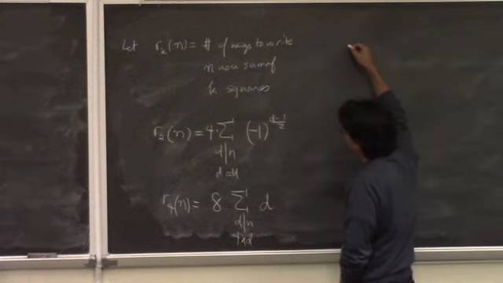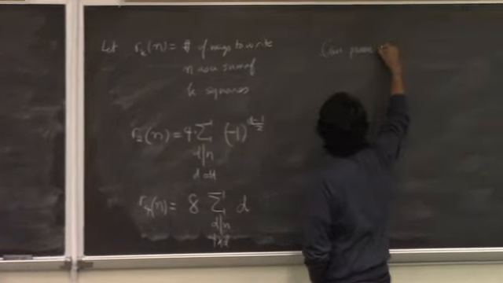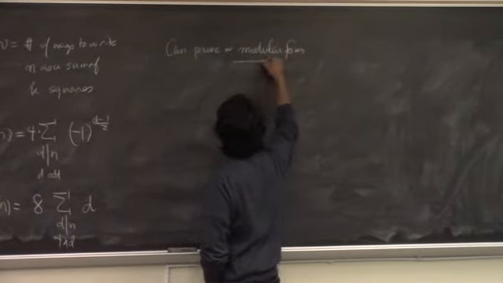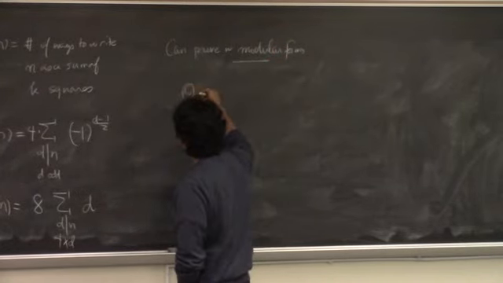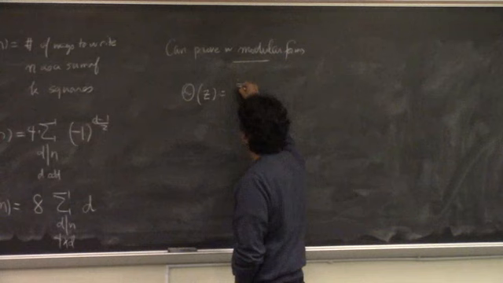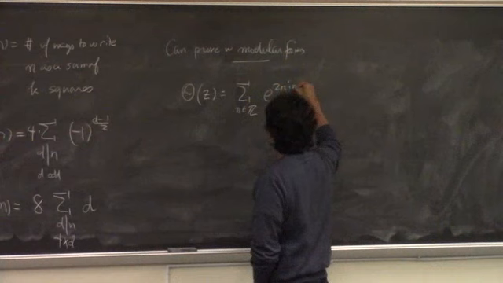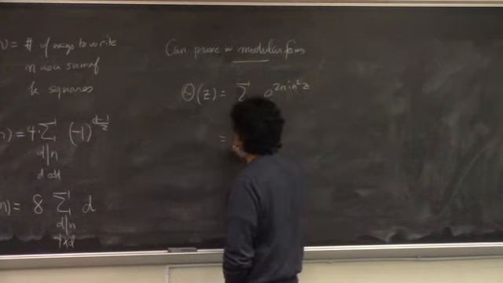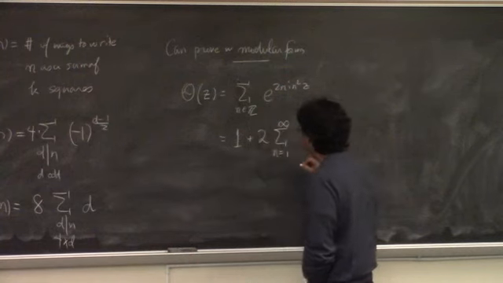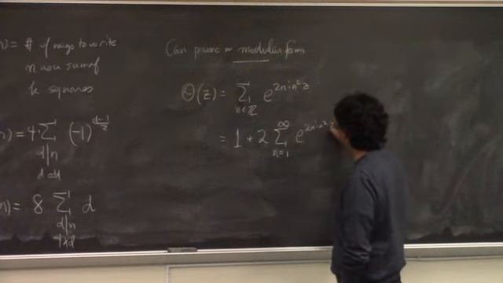And one way to prove these is via modular forms. Let the theta function be defined to be the sum over all integers m of e^(2 pi i m^2 z), which is 1 plus the sum over positive integers of e^(2 pi i m^2 z).